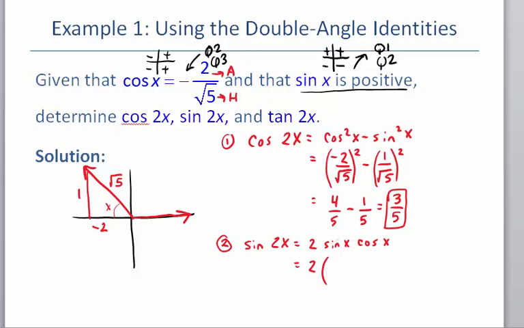So sine, remember, again, is opposite, which is 1, over the hypotenuse. Cosine is adjacent, which will be negative 2 over the hypotenuse. So we multiply 2 times 1 times negative 2. That gives me negative 4. And on the bottom, square root of 5 times square root of 5 is going to just give me 5.